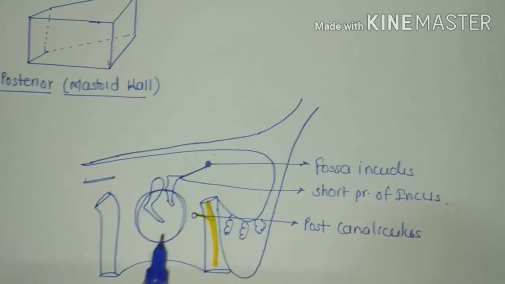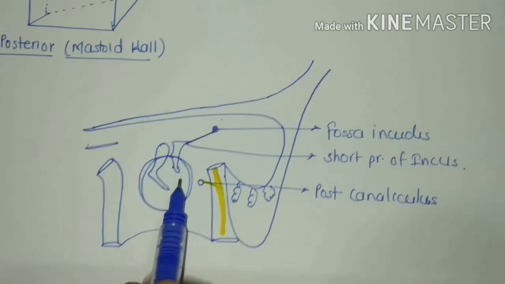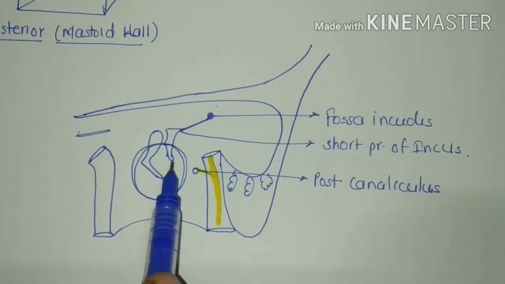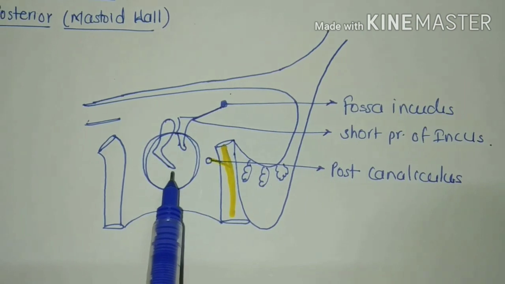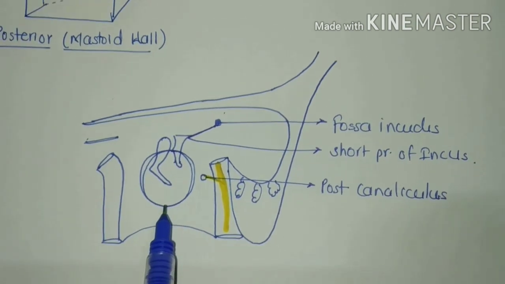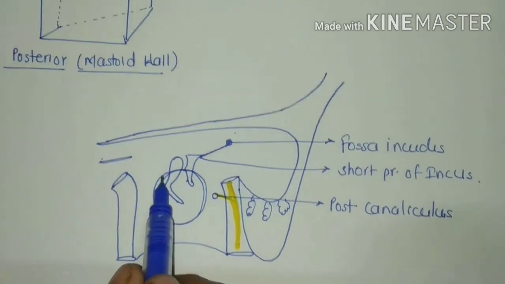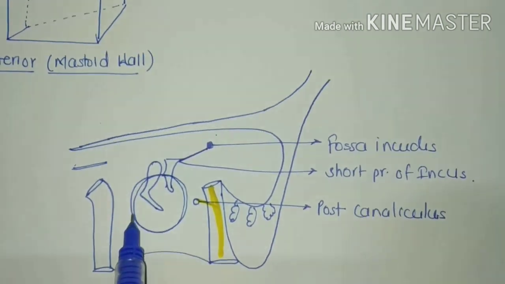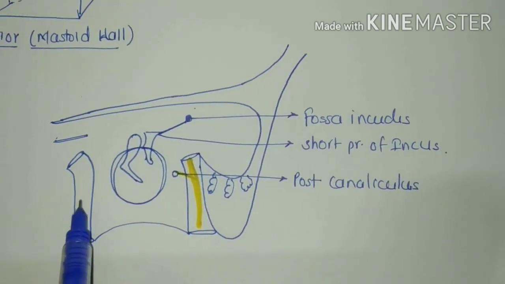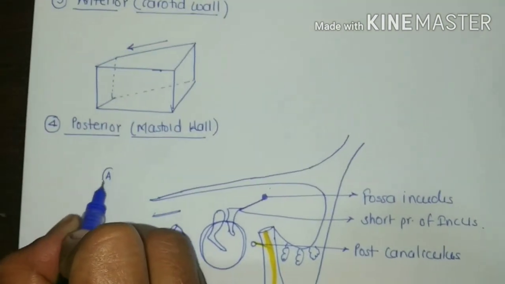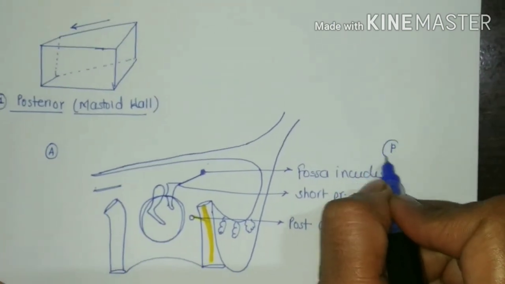It is formed mainly by the tympanic membrane along with the tympanic ring and sulcus, and partly it is formed by the squamous temporal bone. Now this is the anterior aspect and this is the posterior aspect.